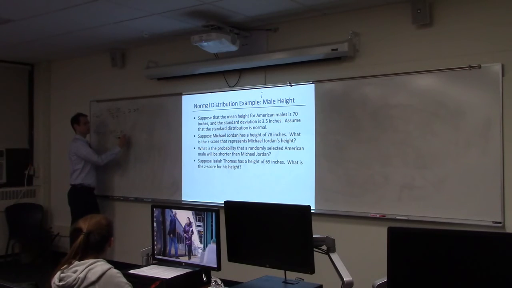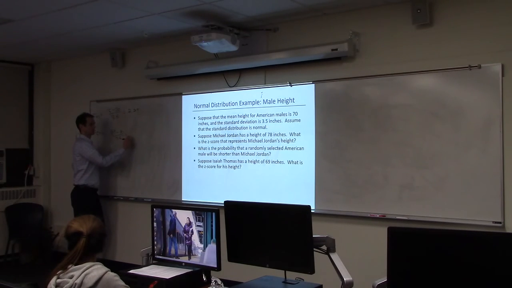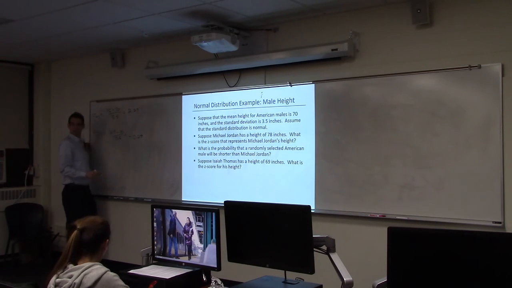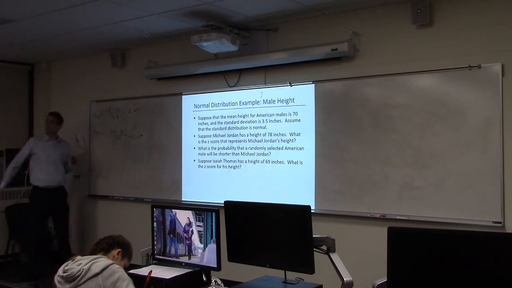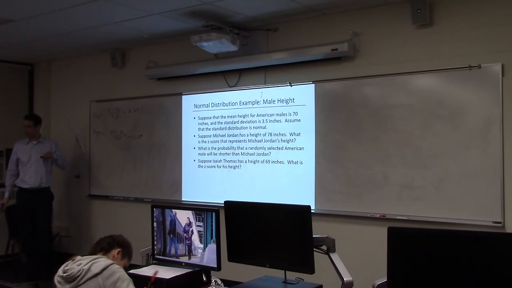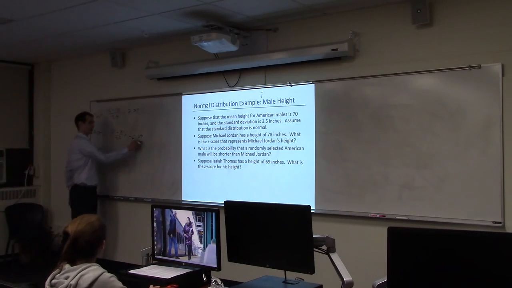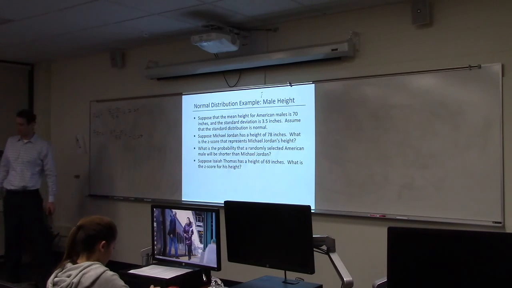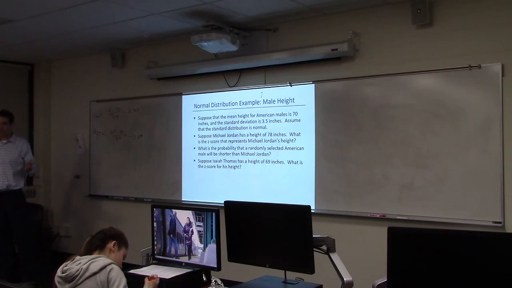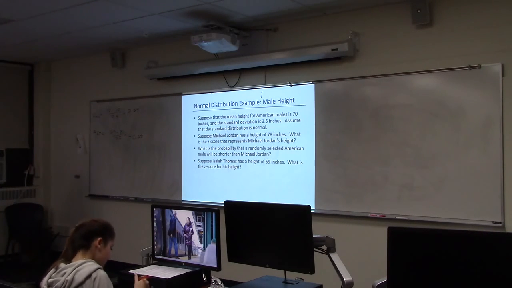It's negative 0.29. That sounds about right to me. So it's negative, which means Isaiah Thomas is shorter than the mean, and he's about 3/10 of one standard deviation below the mean. All right, so we have a z-score for Isaiah Thomas.